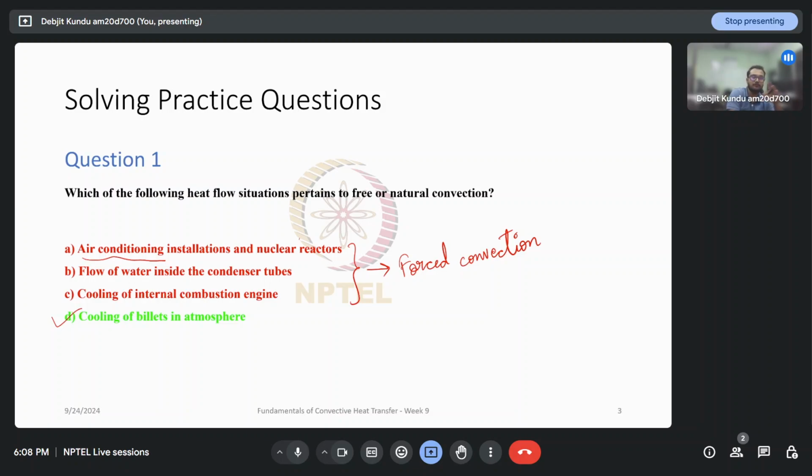Then flow of water inside condenser tubes. So here the flow itself is ensured by a pump. So this case also pertains to forced convection way more than natural convection. And cooling of the internal combustion engine.